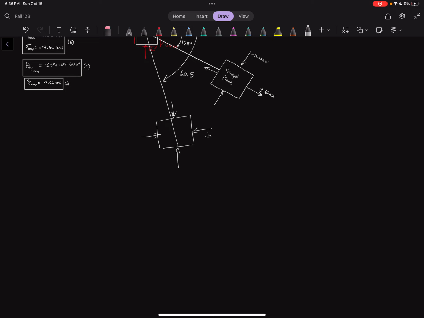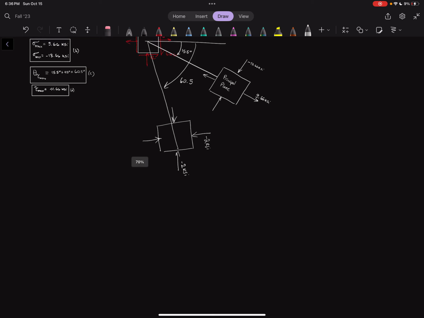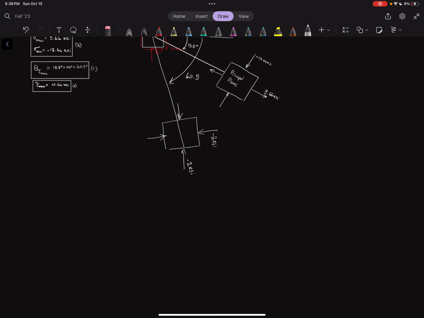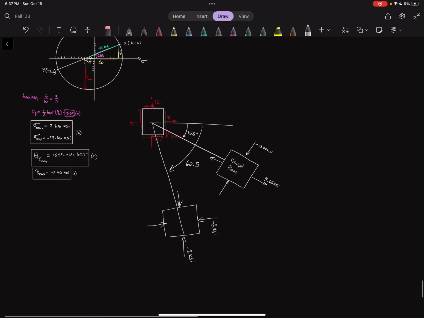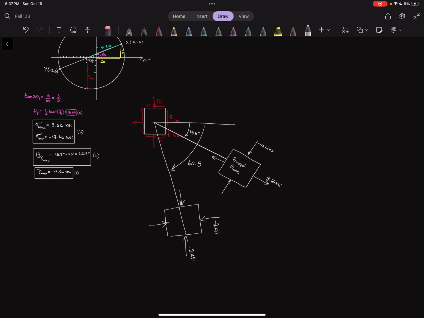And I'll keep the orientation like this so that you know that that's your Y face. And this is my X face. And then the shear is going to be max, and it's going to be 11.66.